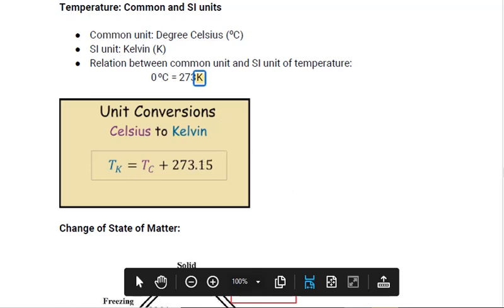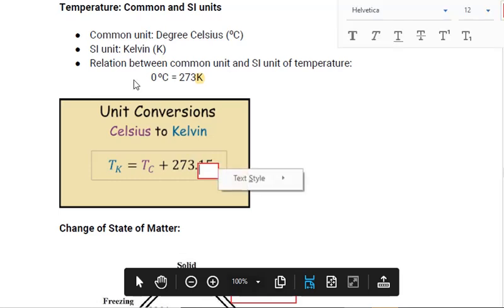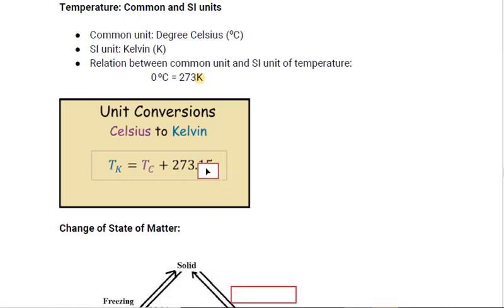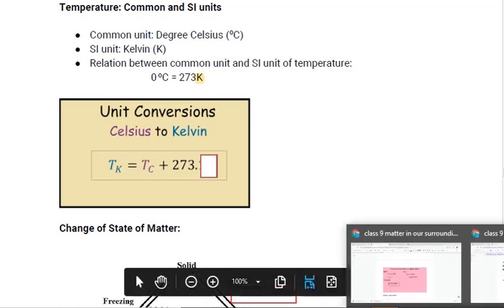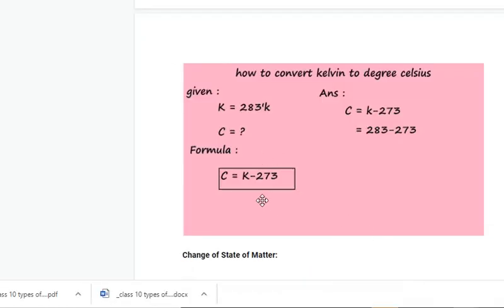You can hide this one. No need to see this one, so please leave it, otherwise you will get confused. So leave only 273. When we have to calculate centigrade from Kelvin, we subtract.